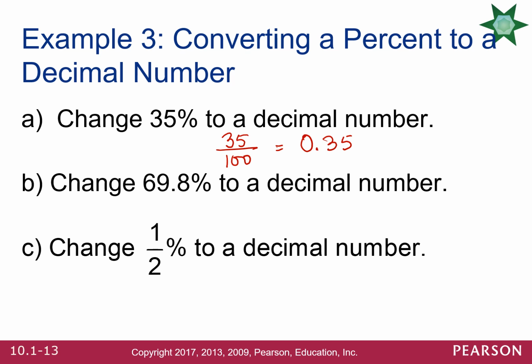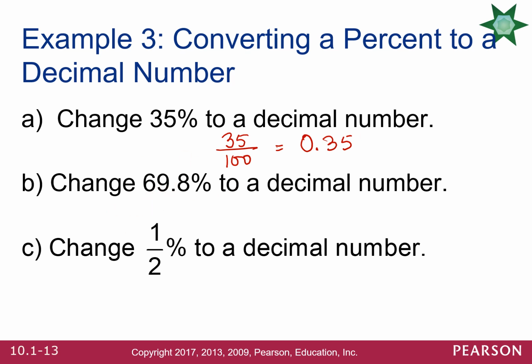So when you are doing division by 100, the decimal point in an integer value such as 35, although it's not visible, is to the right of the last digit 5. And when you're dividing by 100, it shifts 2 places to the left, and that's how we got 0.35, and that's 35% converted to a decimal number.